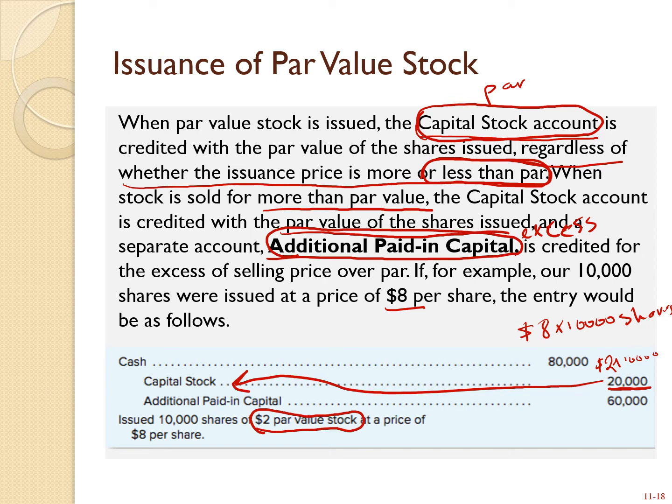Anything in excess, which is obviously 80 minus 20, is called additional paid in capital, or you will see from now on APIC, just for abbreviation. Just like we had in chapter 7, the allowance for doubtful accounts as AFDA, the same concept here applies. APIC stands for additional paid in capital.